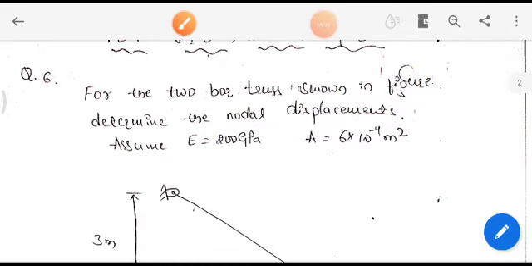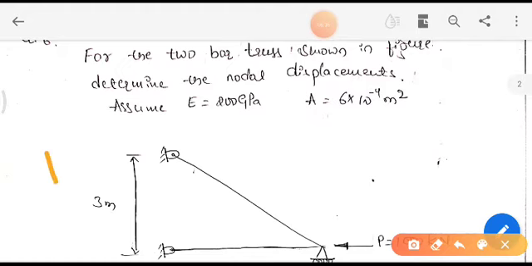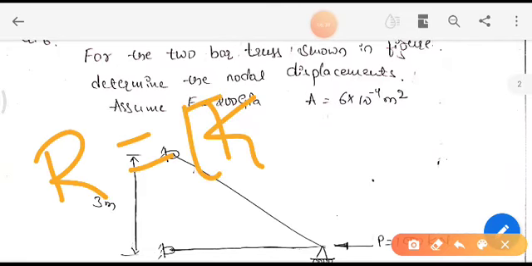Apart from this, we can also calculate the reactions. To calculate the reactions, we have the formula R is equal to K, the global stiffness matrix, into the global displacement vector, minus the global load vector. From this, we can calculate the reactions.